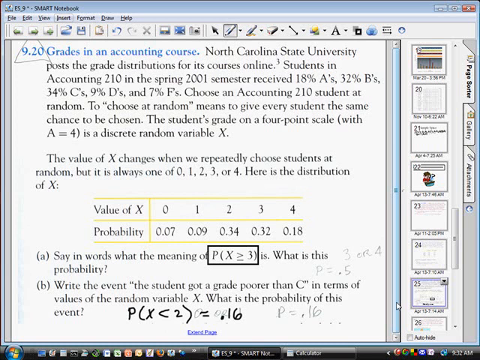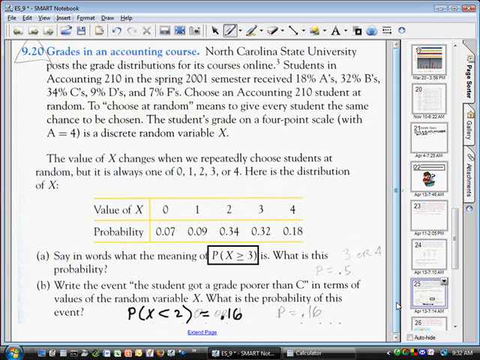North Carolina State University posts the grade distributions for its courses online. Students in Accounting 210 in the spring 2001 semester received 18% A's, 32% B's, 34% C's, 9% D's, and 7% F's. Choose an Accounting 210 student at random. You know what that means. Give every student an equal chance of being chosen.